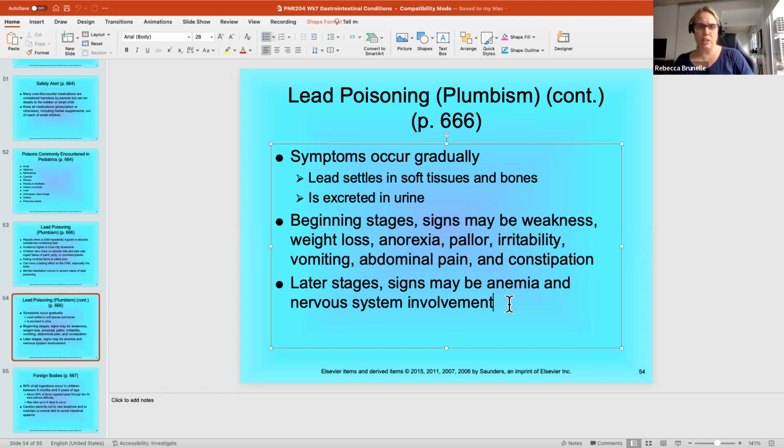But in the later stages, that's where they have nervous system involvement and can have mental retardation. There is a chelation therapy, like we talked about with iron deposits in your blood, where you can take medication that binds the iron and helps remove it. There's chelation therapy for lead poisoning also, but you really don't want it to get to that point. You really want to be screening early, making sure parents know, especially if they live in an older home.